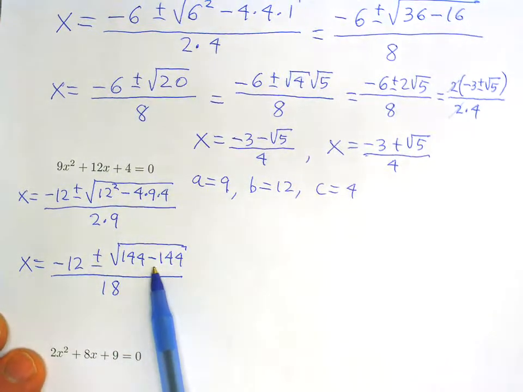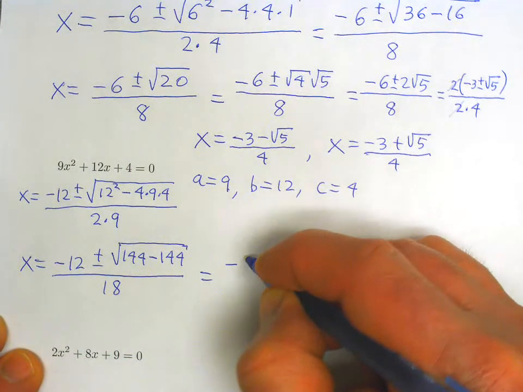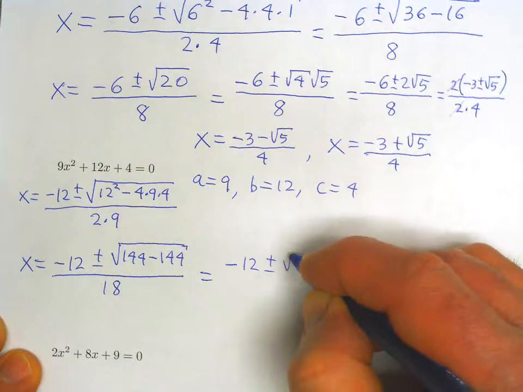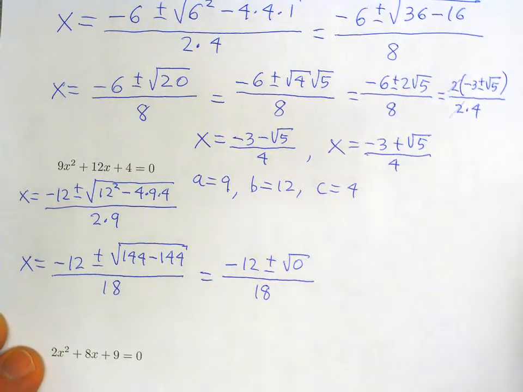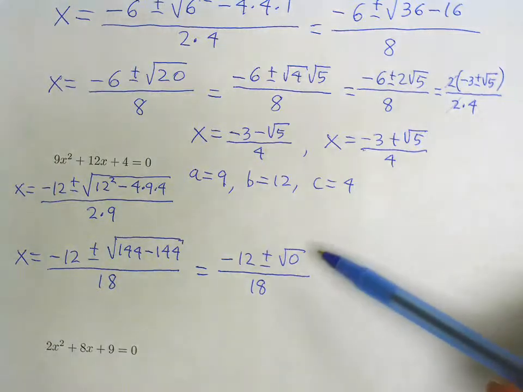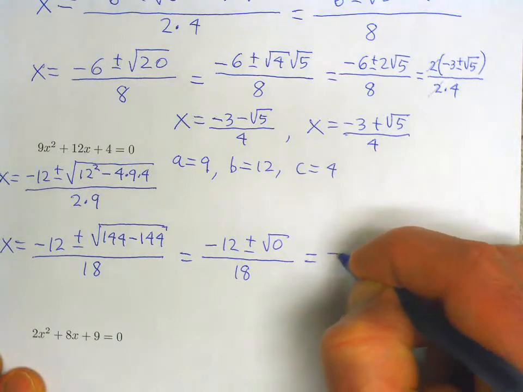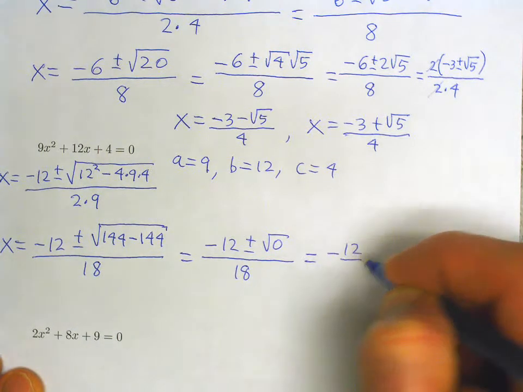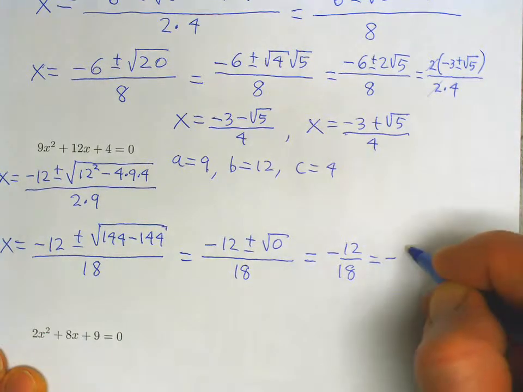So the discriminant is 0. So we write negative 12 plus and minus the square root of 0 over 18. Square root of 0 is 0, so there's just one repeated solution. Negative 12 over 18. And then written in lowest terms, this is negative 2/3.